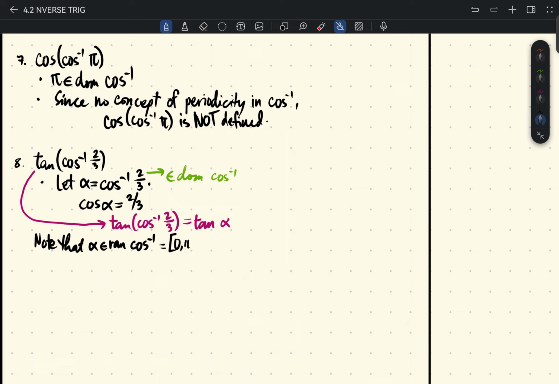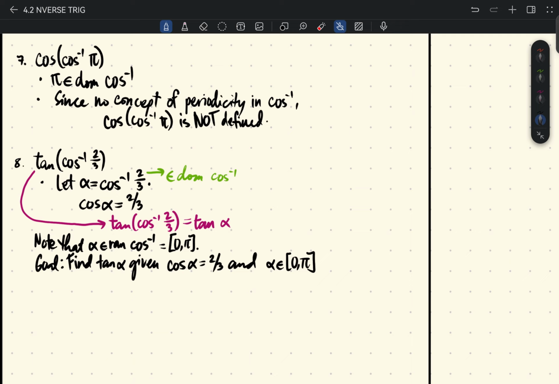That's 0 to pi. So the goal is to find tangent alpha given cosine alpha equals 2 over 3 and alpha in 0 to pi.